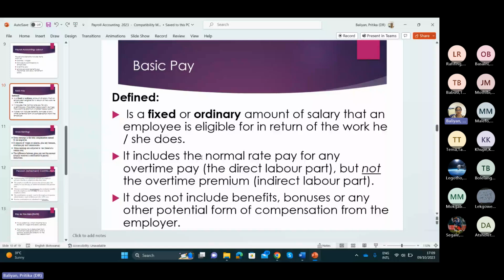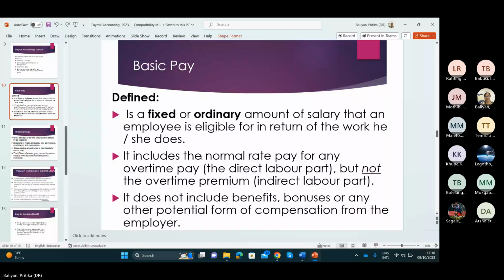Anything else which is given to the employee will not be added when we are talking about basic pay. Basic pay means the amount which is paid based on time for certain activities, like per week, per month, like that.